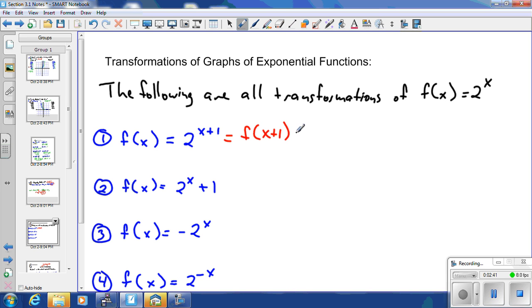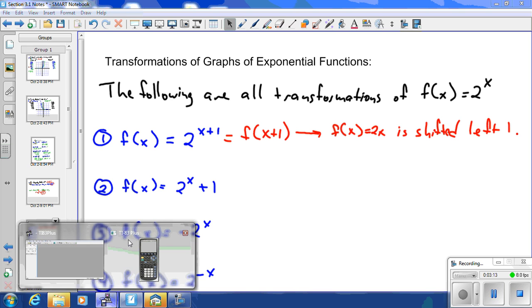Well, we saw in a previous chapter, and within a section, that this equates to the original graph being shifted left one place. Other than that, it's the same exact graph, just located somewhere else.